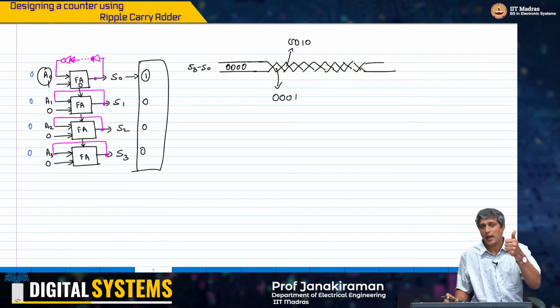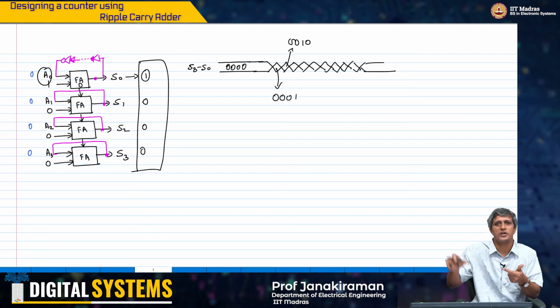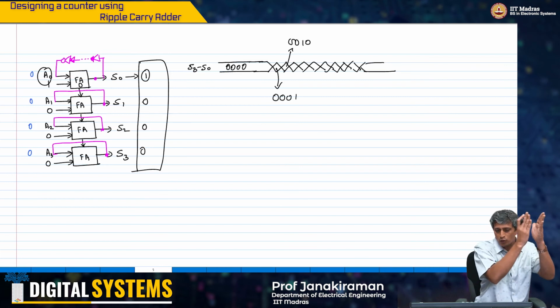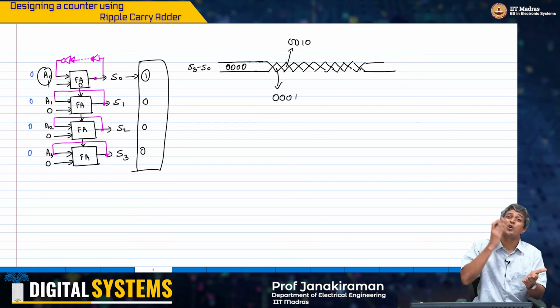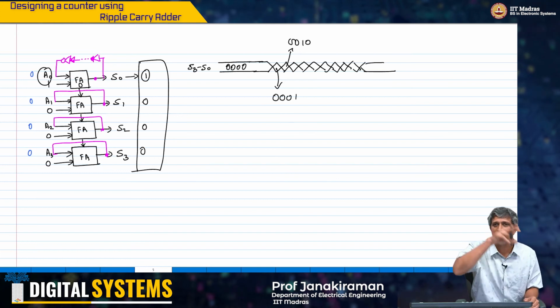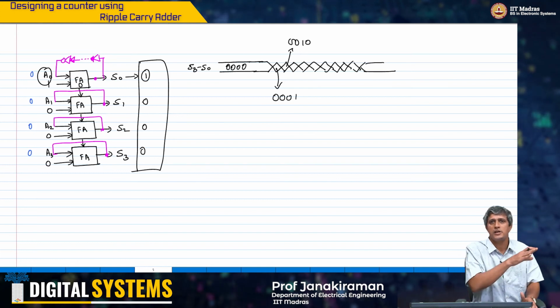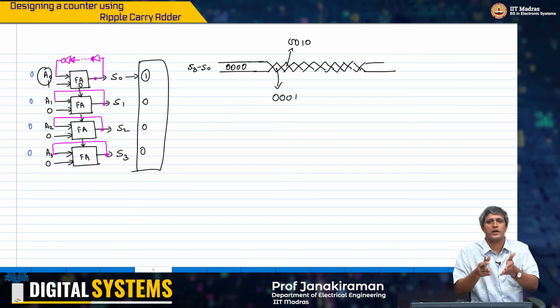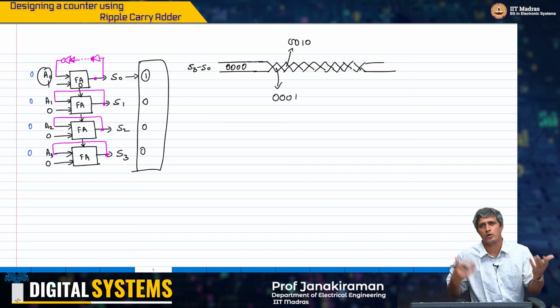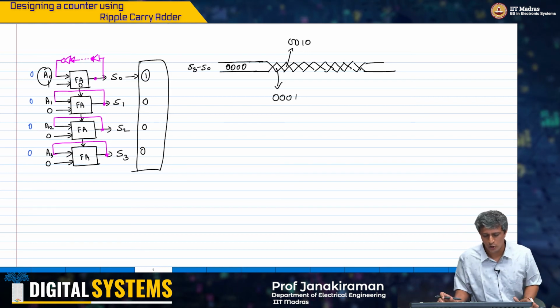Okay, so the primary requirement is, one, I need to control the delay, how much time I want to give it back, when I want to give it back, and I want the state S0, S1, S2, S3 to be available to A0, A1, A2, A3 together. I don't want it to come at their own speeds and delays. Otherwise, what will happen is S0, S1, S2, S3, if you look at it, will always be in some random transition mode, and therefore that's not going to be useful.